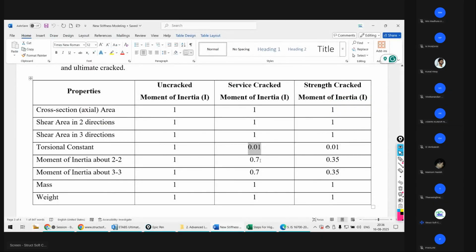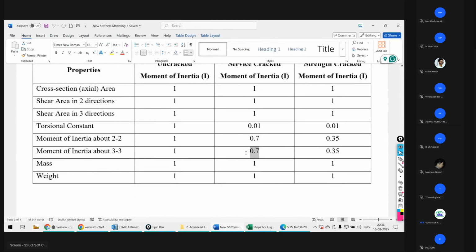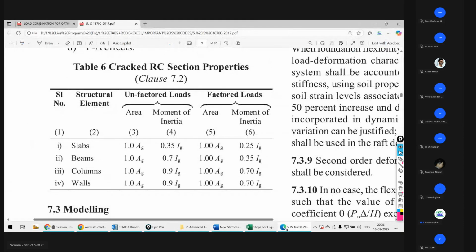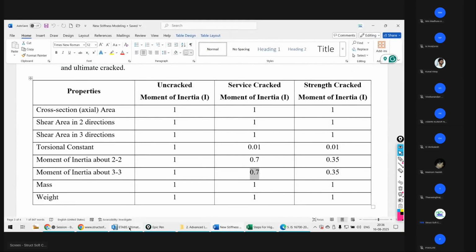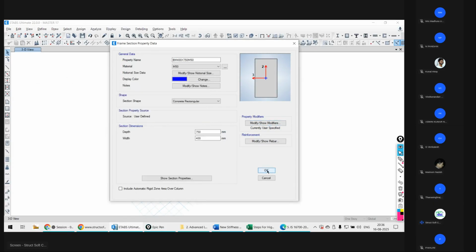for the case of beam 0.7, 0.7. Yeah, 0.7, 0.7 for the case of your beam. So go to your ETABS, 0.7, and it should be 0.7. That's done. Simply say okay.